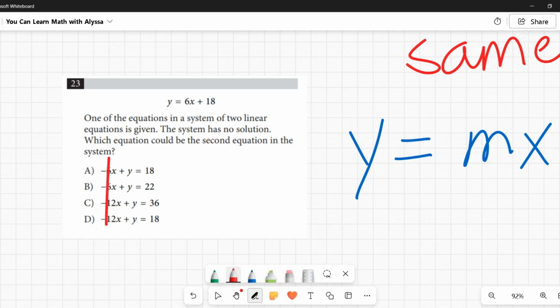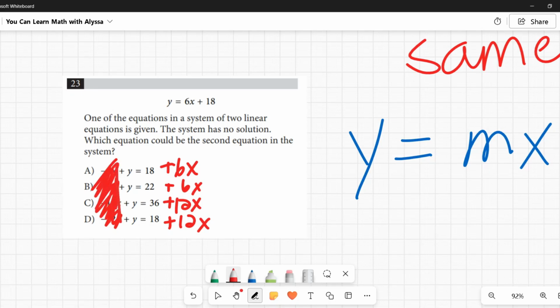So all those are going to disappear. I'm writing it after, but kind of imagine they were in the other order: 6x plus 18, 6x plus 22, 12x, not 6, 12x plus 36, and 12x plus 18.